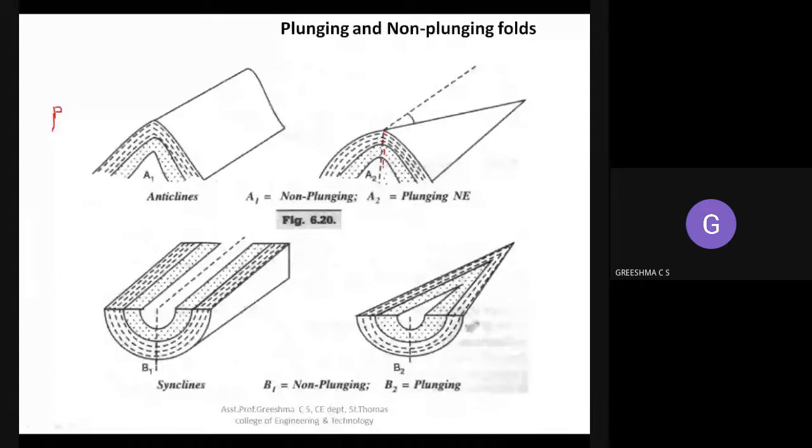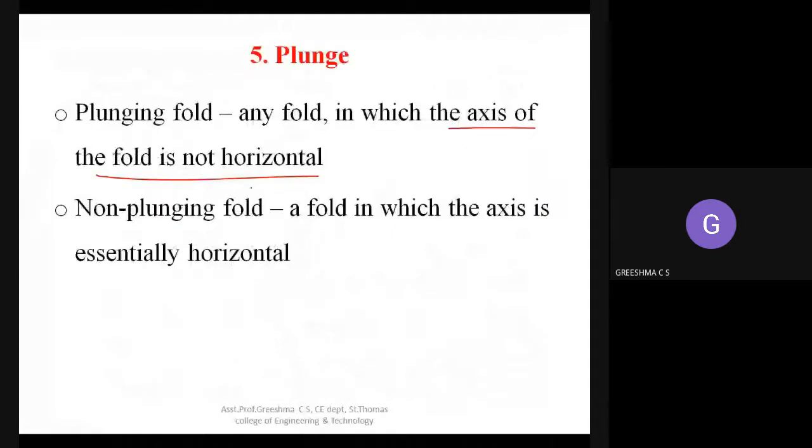Here it is vertical, and here you can see it is inclined. Anyway, it is not horizontal. So whatever the fold may be, if the axis is not horizontal, it is classified as a plunging fold.